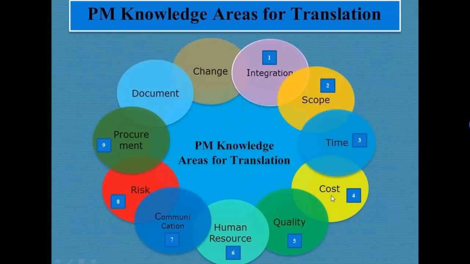For example, if cost changes, the scope can't be the same, time can't be the same, quality can't be the same. Similarly, if communication is not happening, your time may change, your cost may get affected, quality may get affected. So one change can affect the whole process of project management.